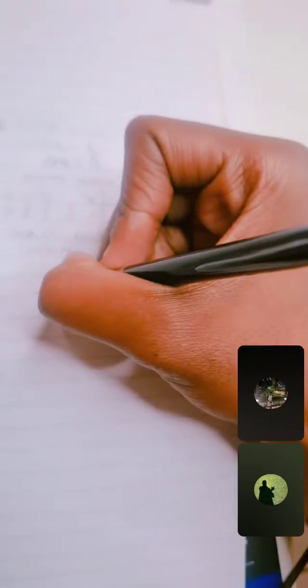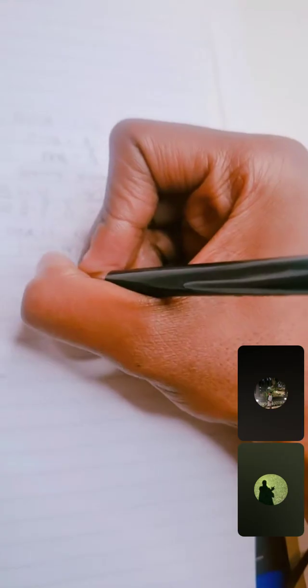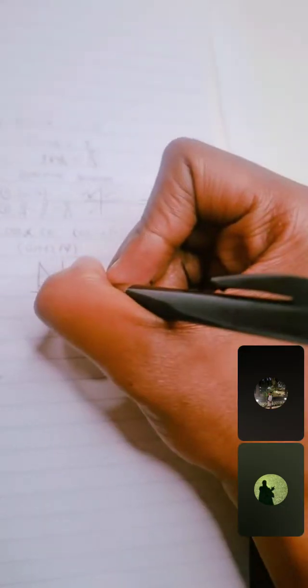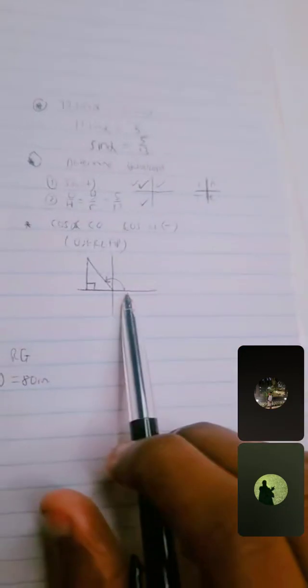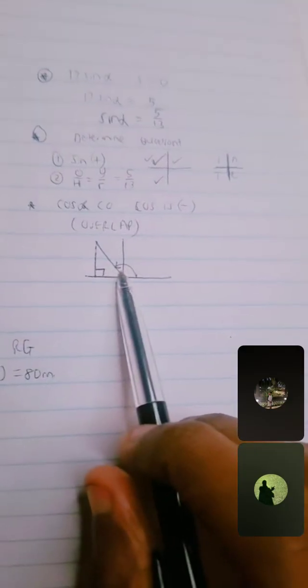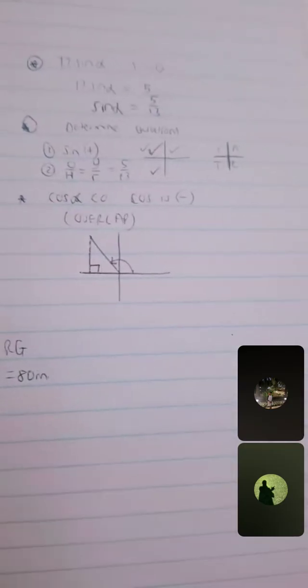So that means we draw a terminal arm in that quadrant. We complete a right angle triangle. Then we have the standard angle, and we have our reference angle there, which is that representation of theta.